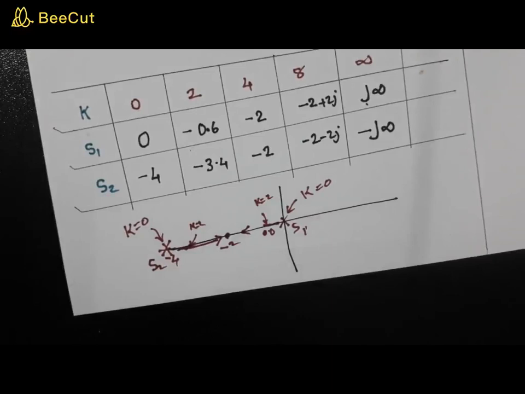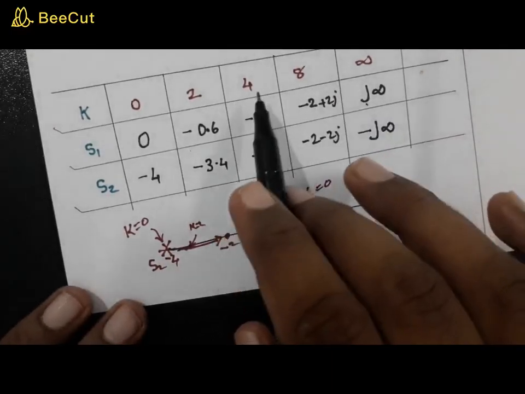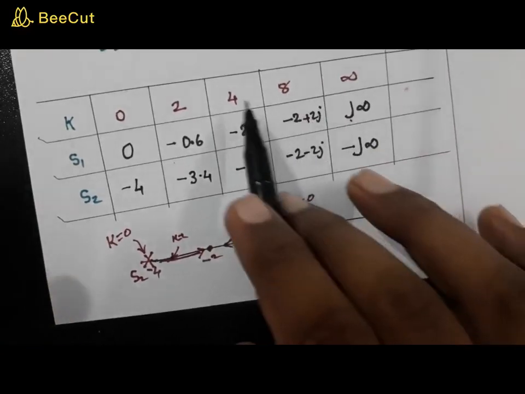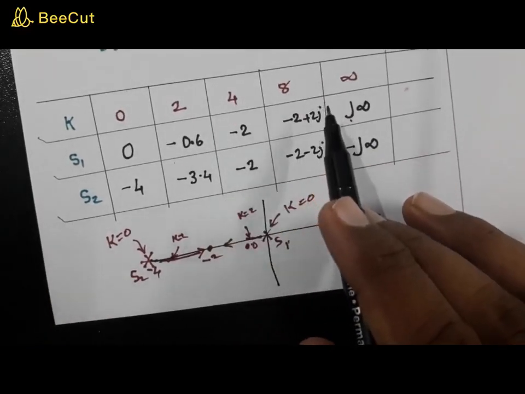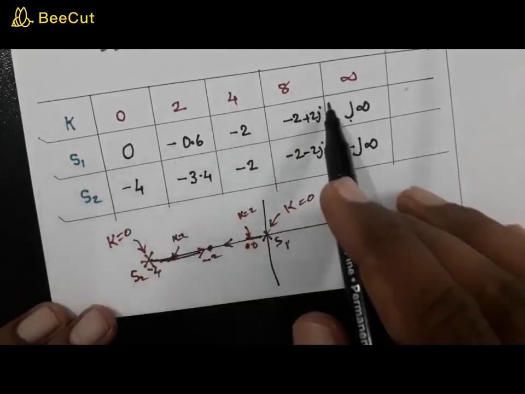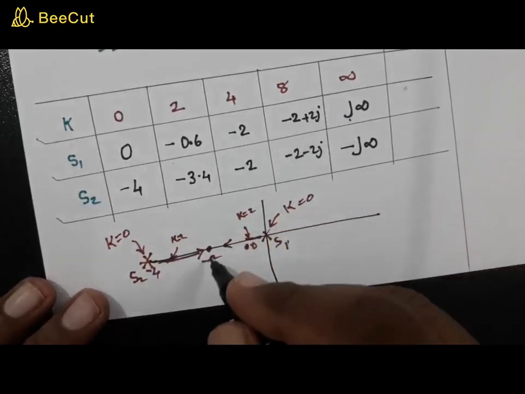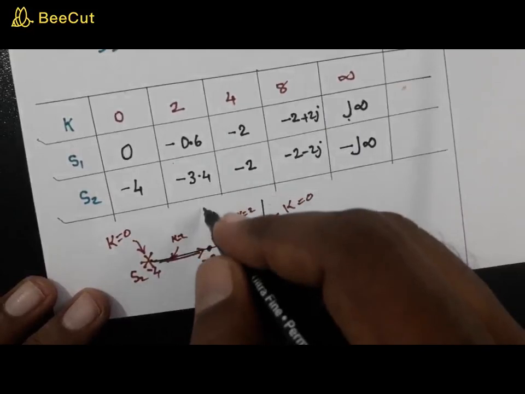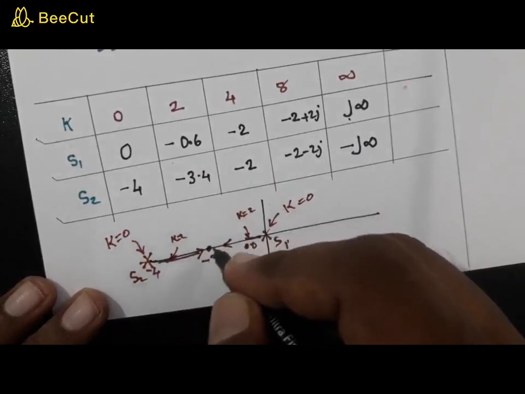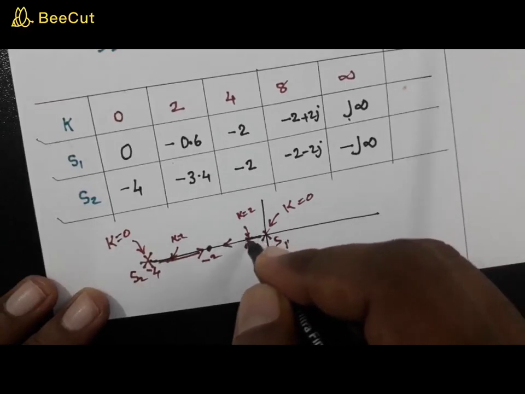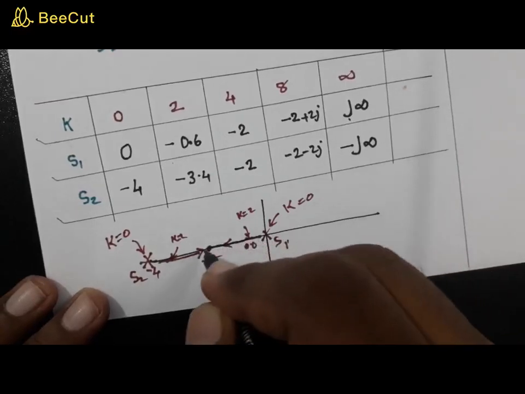Now what happens if you go on increasing k? At a particular value greater than 4, one root, that is s1, moves in this direction, minus 2 plus 2j. This is your s1, and s1 and s2 meet here.